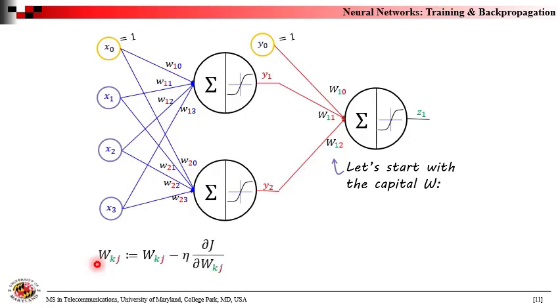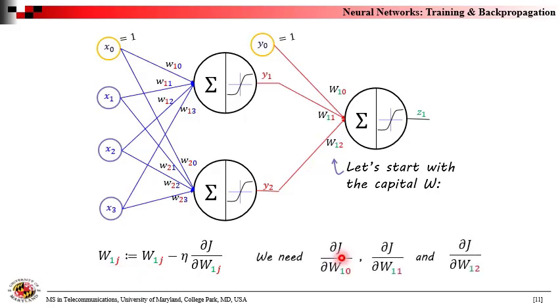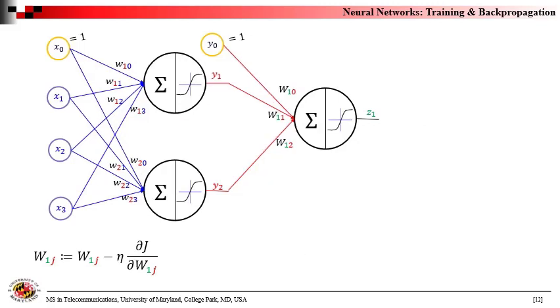We know that in our particular case, we only have the one output, so we need to find the partial derivatives for 3 cases. The partial derivative of the cost with respect to W10, this one here, with respect to W11, this one here, and with respect to W12, this one here, so we can update each one of them iteratively until they converge to good and proper, well-working values. We need that partial derivative. And in order to get that partial derivative, we use the chain rule of derivatives.